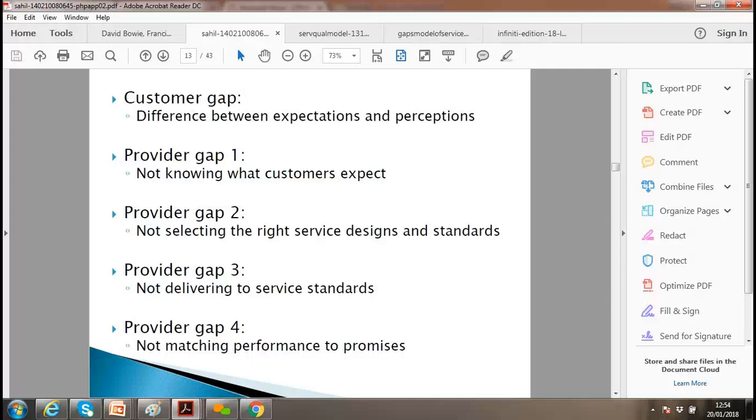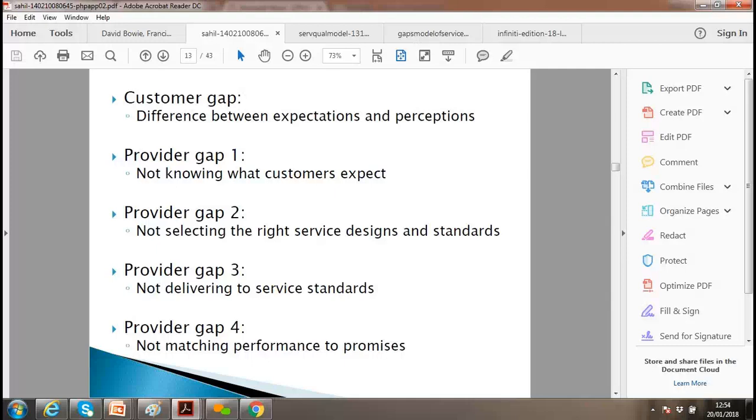Next gap: not selecting the right service design and standards. There may be no right standard for waiting or who will be responsible, card payment, or people not having product knowledge. We're not really assessing the competencies of the people dealing with customers, and that could be a gap.